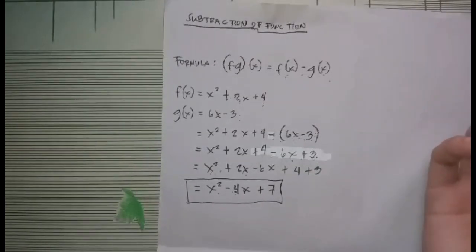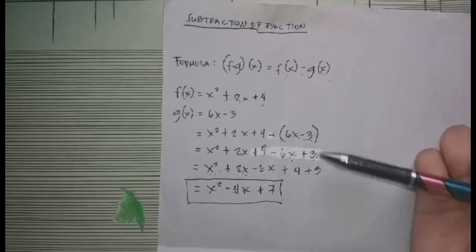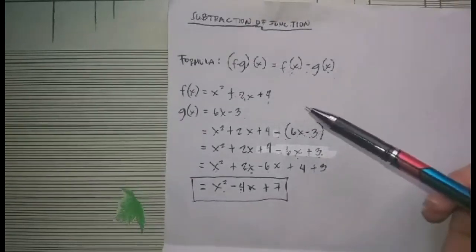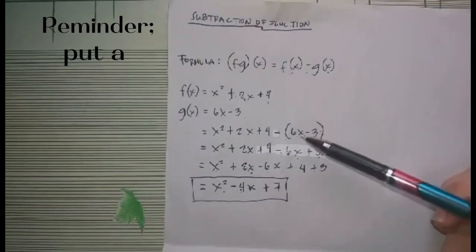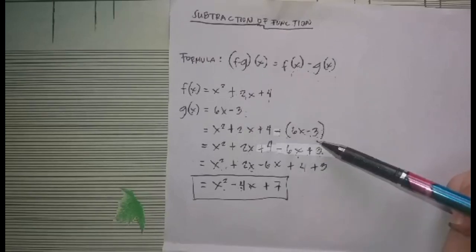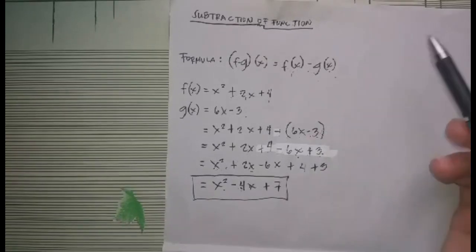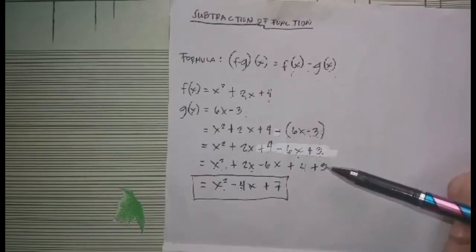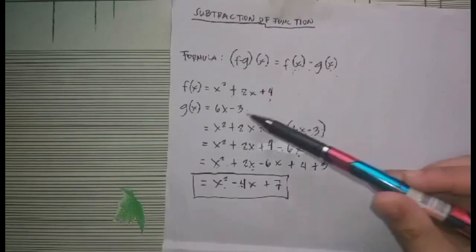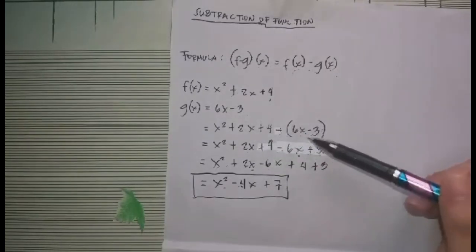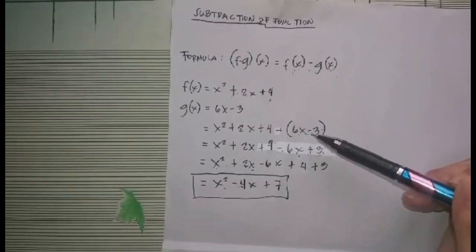For this part of our discussion, I want you to focus because this is where students usually make mistakes. We are doing our subtraction to our whole g of x. So it is important to put a grouping symbol here before we write our g of x, which is 6x minus 3. Why? Because when you don't have a grouping symbol and we just put our g of x, it is minus 6x minus 3.